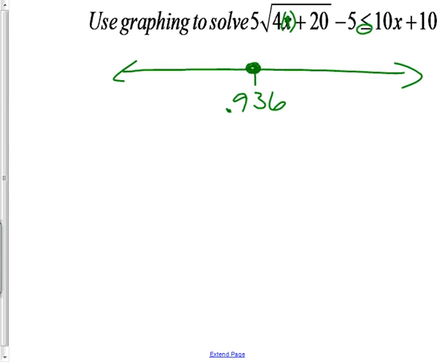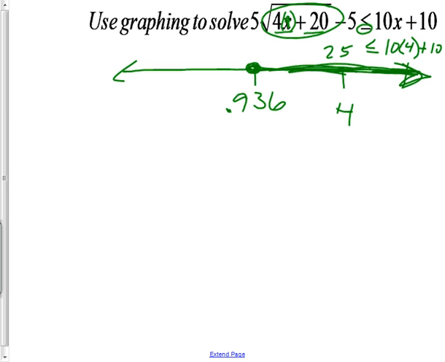Now why? Because then 4 times 4 is 16, plus 20 makes 36, and the square root of 36 is 6. See what I mean? I can pick any number I want over here, so I might as well pick one that works nicely. And then it's 6 times 5 is 30, 30 minus 5 is 25. Is 25 less than or equal to 10 times 4 plus 10? 40 plus 10 is 50. Is 25 less than or equal to 50? Yes, it is. It works over there.